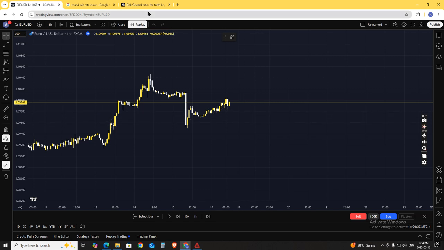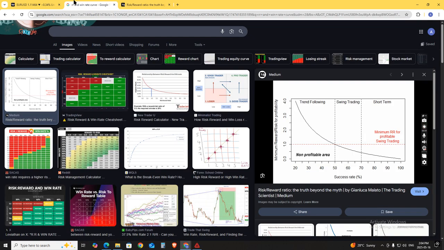But generally, I want to follow this trading approach where if you have a greater than 50% win rate and a 1-to-1 risk to reward, you're going to be profitable. That's a fact.